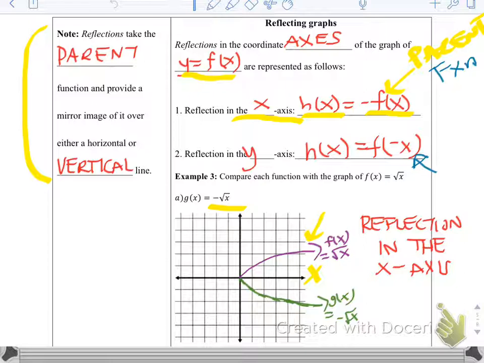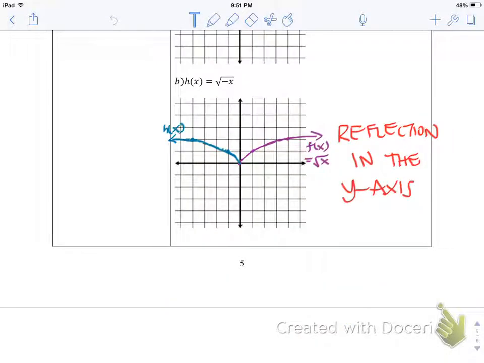It's the opposite. And so you'll have 3 points, and then you can sketch, and there we go. And if you think about it, if you put a mirror on that x-axis, then it would show a mirror image of our parent function, okay?